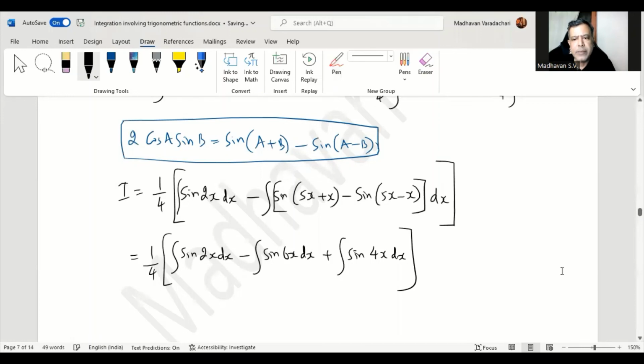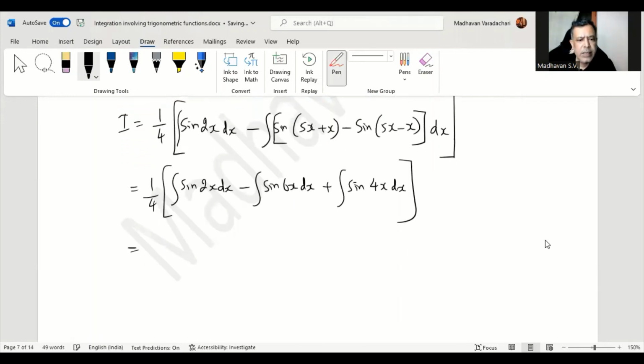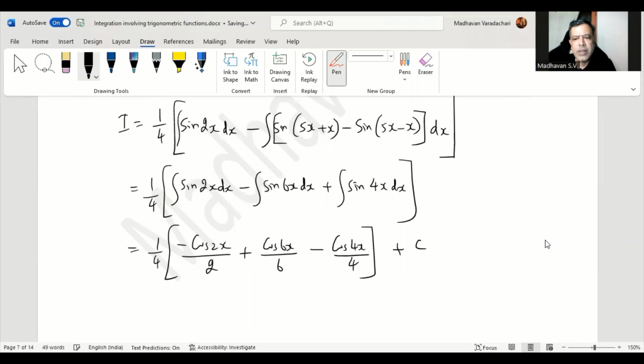Close the brackets. Now we can integrate all these things. This will become 1 by 4 times, for sin 2x, if I integrate, it is minus cos 2x by 2. Here it is plus cos 6x by 6. This will become minus cos 4x by 4 plus some constant c.